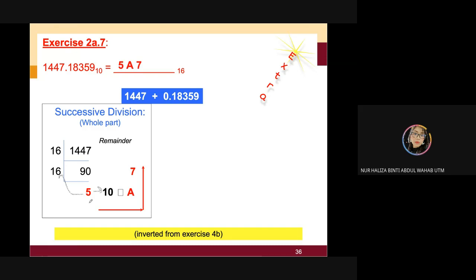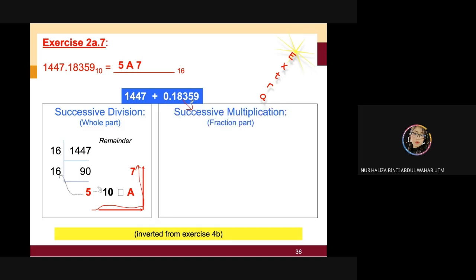So you will get this kind of answer. Basically the steps we already know. You need to do many exercises, then it's easy for you later on to answer any kind of question. And this part is multiplication.